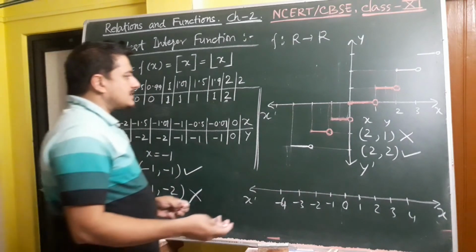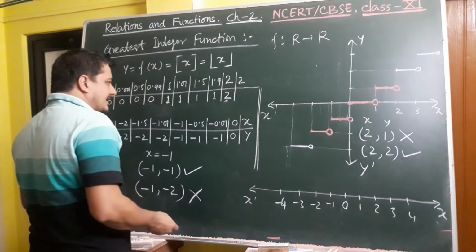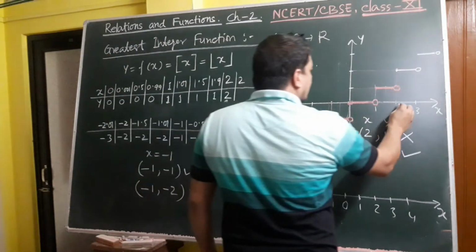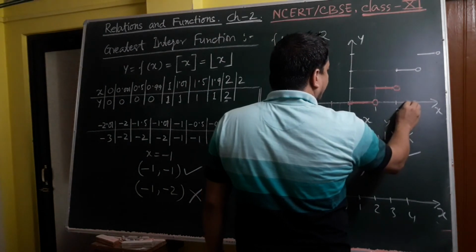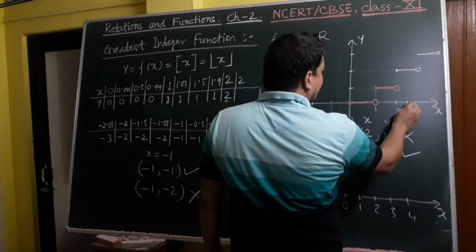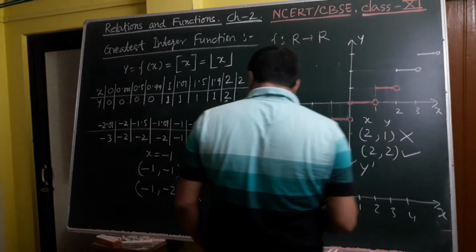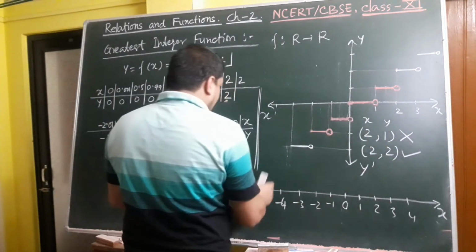If you provide any value, say 2.5, then 3 will be the answer in the smallest integer function, whereas in the greatest integer function 2 will be the answer.